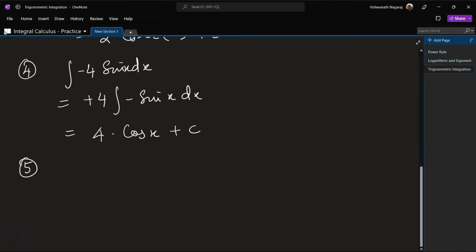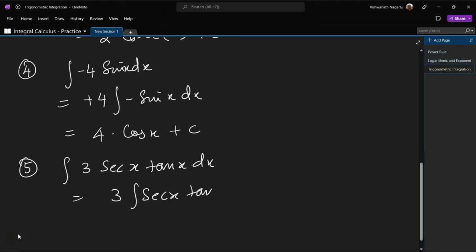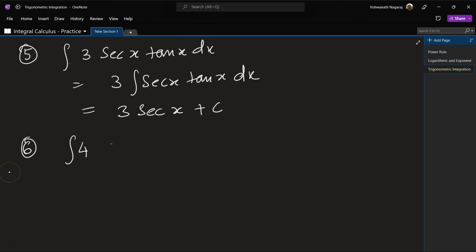A fifth one, integral of 3 sec x tan x dx. The derivative of sec x is sec x tan x. So, this would be 3 sec x tan x dx, which means 3 sec x plus c. A sixth one, integral of 4 cosec square x dx.